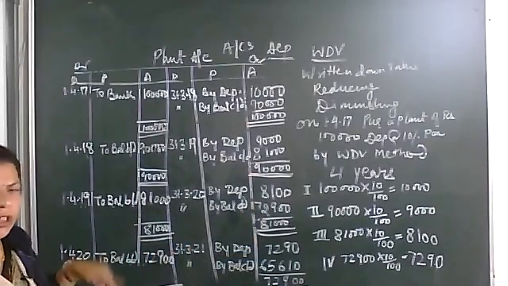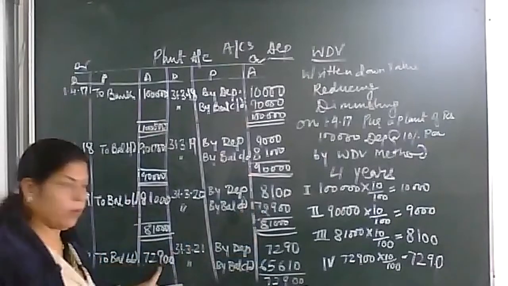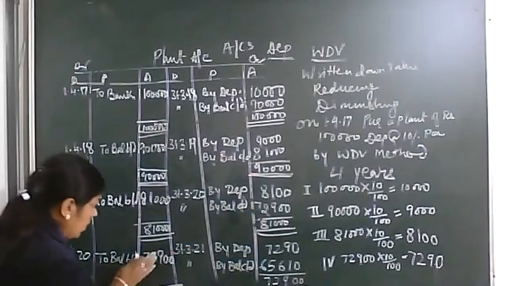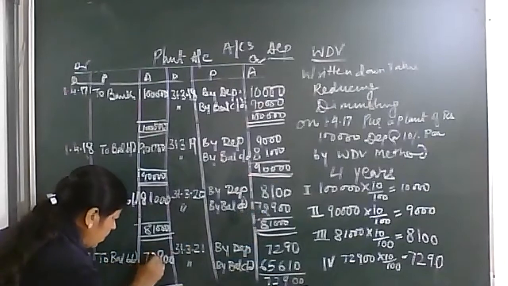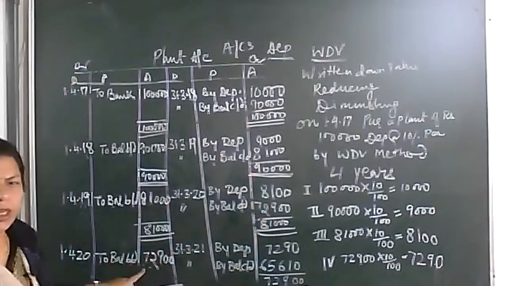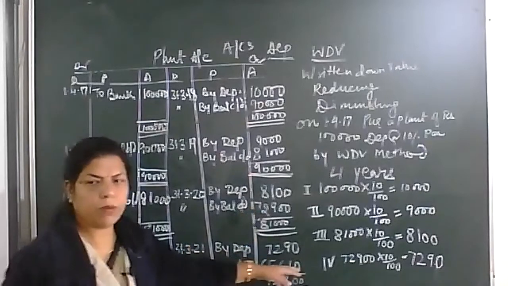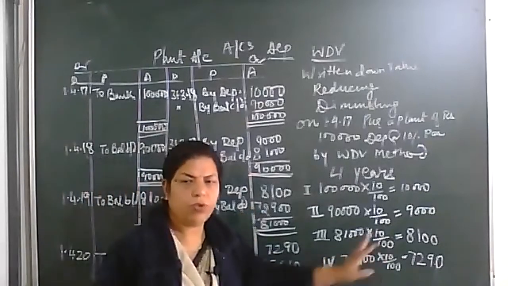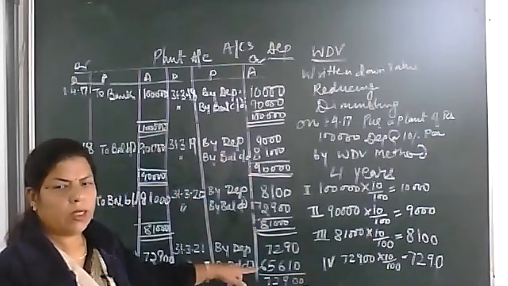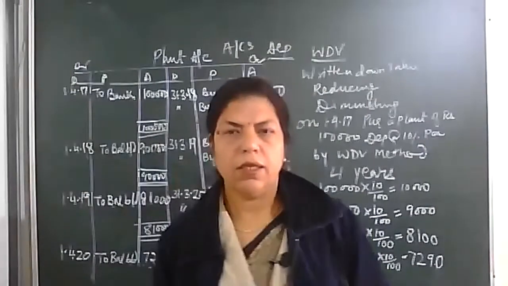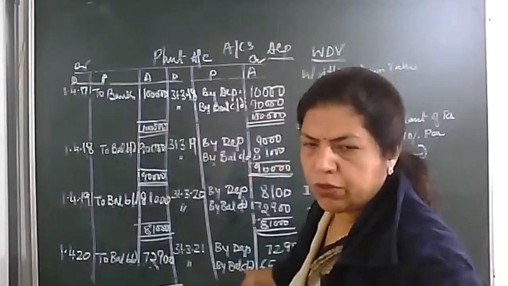Now the company will charge depreciation on this amount, 72,900, and on 72,900 the amount of depreciation is 7,290. Then how will that amount come? Balance c/d.